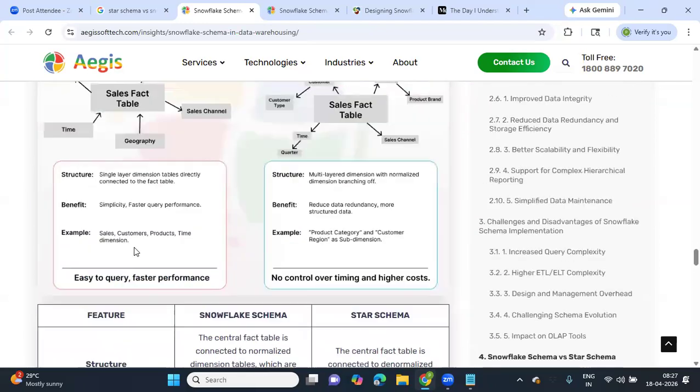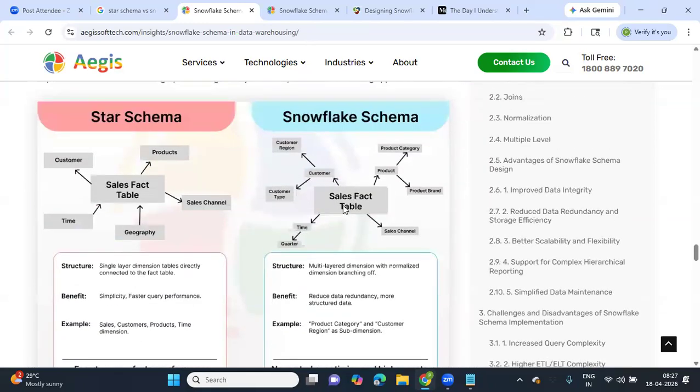Now coming to another aspect, the snowflake schema. We have a customer table containing customer ID, customer name, and also address. Instead of address, let's say I will have country name, state, city, village, and then zip code. I'll have that level of information in the customer table.